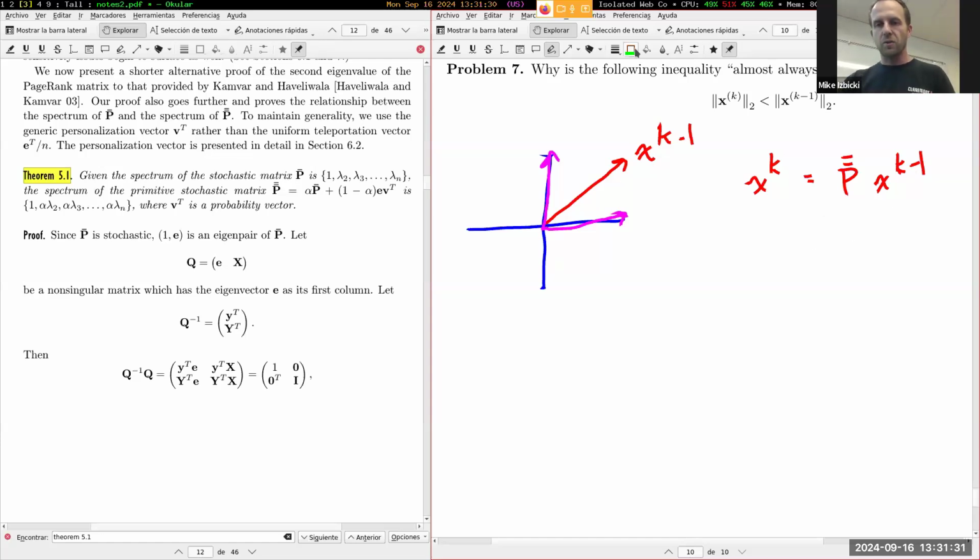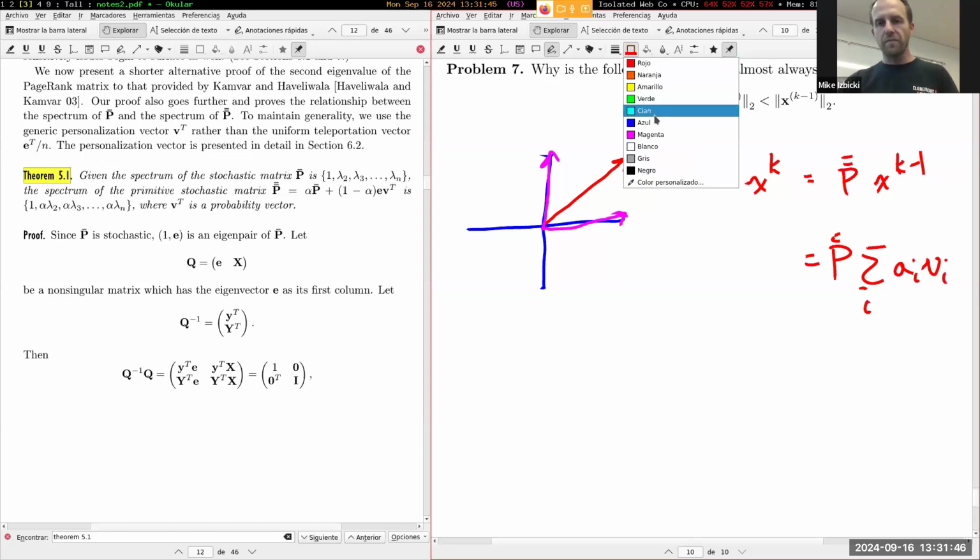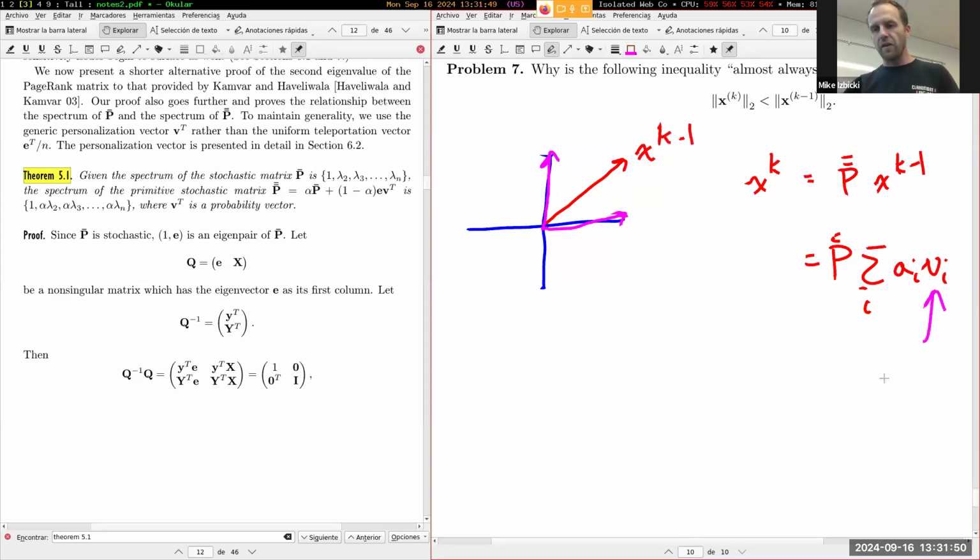So this can be interpreted, let's keep in red, as p bar bar times the sum over i of some a sub i v sub i, where each of these v's are the eigenvalues, or the eigenvectors, sorry, of this matrix. V sub i is an eigenvector.